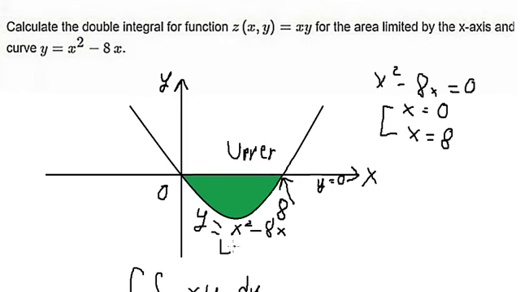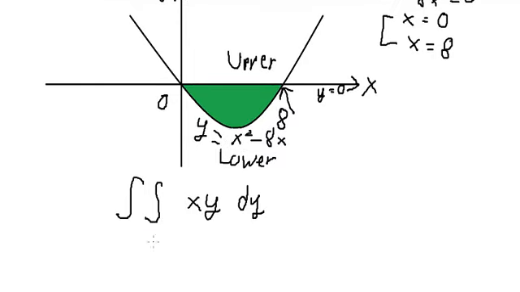This one is lower. So for dy, it should be from x squared minus ax to 0 in here, because upper goes on the top, lower goes in here. And we have the x, which is from 0 to 8.